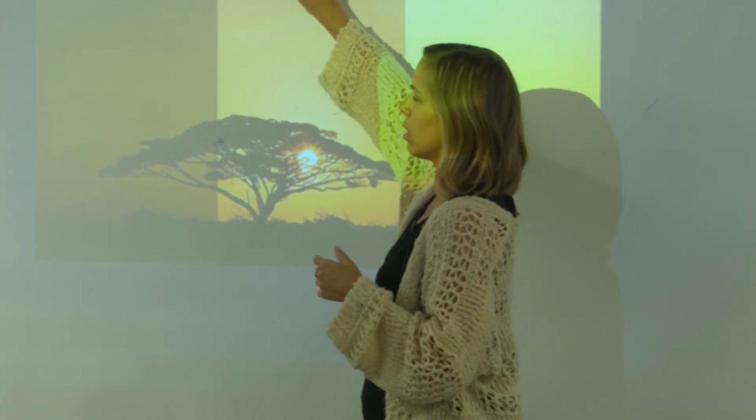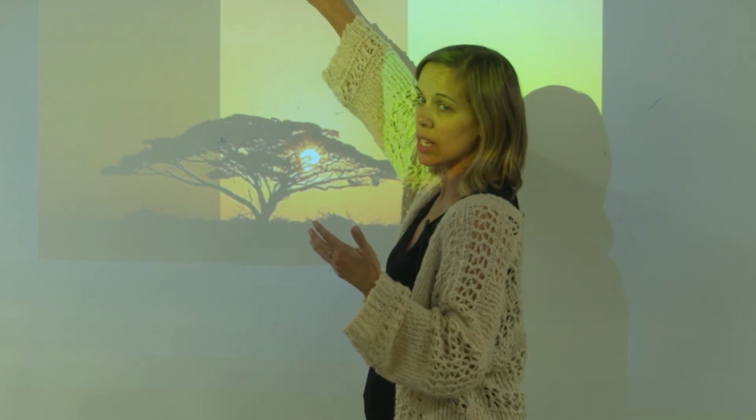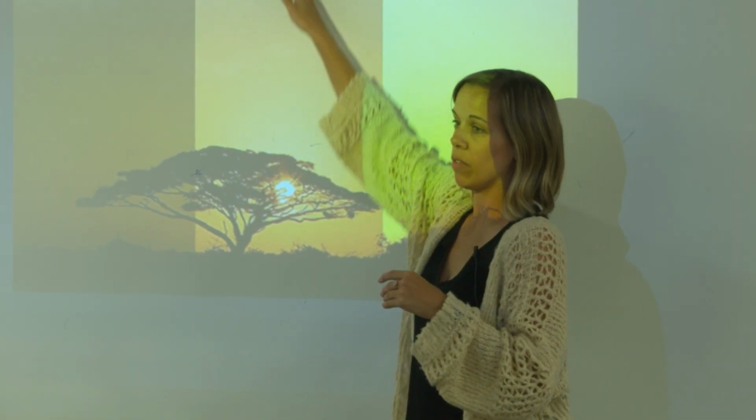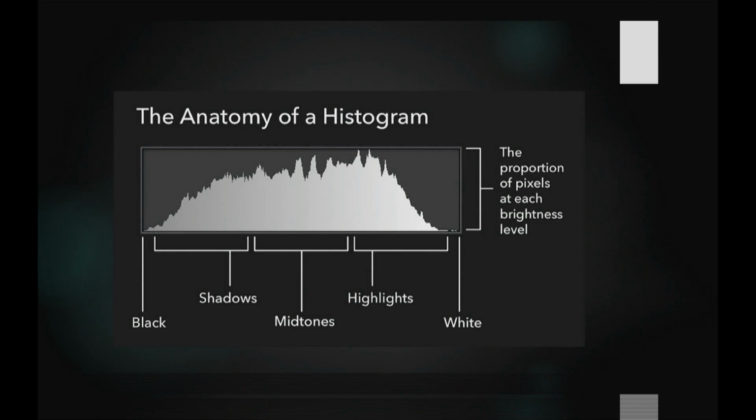And so in a camera, you can actually see these settings. So as you're taking the photo, you can tell if it's perfectly exposed according to the histogram. And we'll talk about that in a minute, if it's overexposed or underexposed. So this is what the histogram looks like.